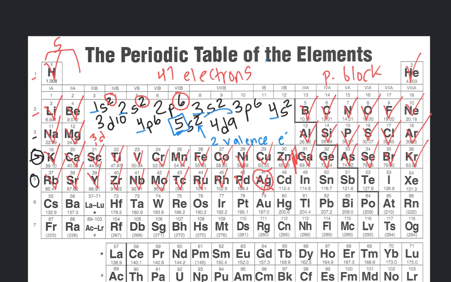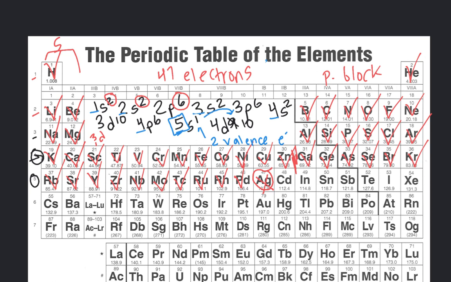Now we'll learn later that what silver actually does is move one of these 2 electrons to fill the 4D9. It makes it 4D10, and then it turns this 5s2 into a 5s1.